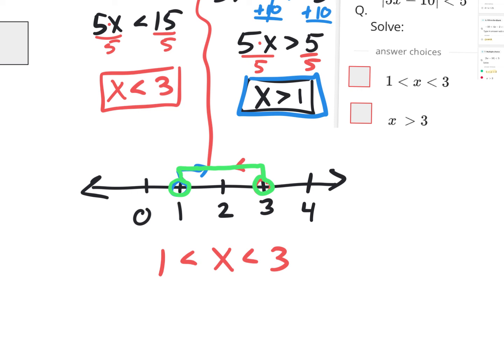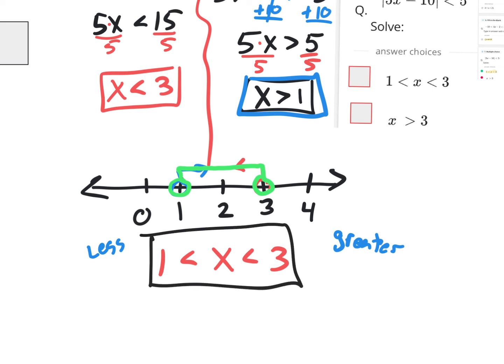Because if you put the smaller value over here, and the greater value over here, then obviously the inequalities have to open up to the right, okay? Smaller values over here, greater values over here. That's why it's always less than symbols if you have your smaller number over here and your greater value over there. Now, because they're open dots, that's why we did not put solid lines underneath them. So this is your compound inequality answer, okay?